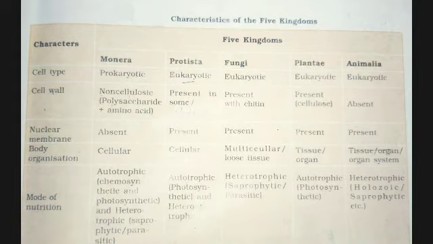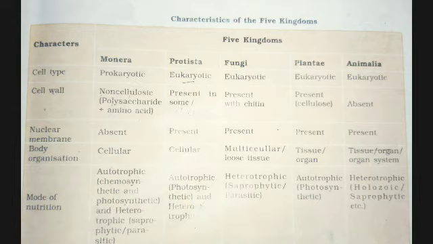Nuclear membrane is present because they are eukaryotic cells. Fourth one is body organization, right? They also have cellular body organization. It means only one cell carries out all the life processes. And the last is mode of nutrition. So they also carry out both autotrophic and heterotrophic modes of nutrition.